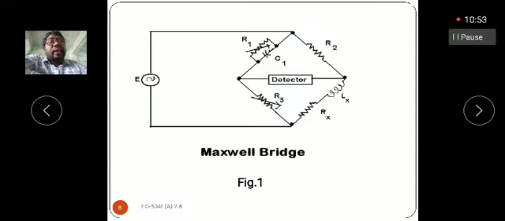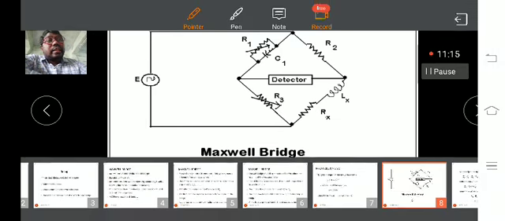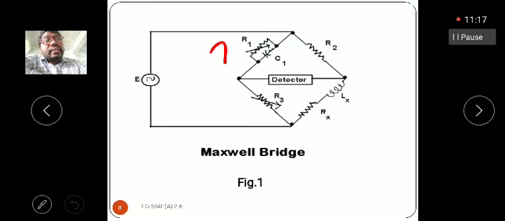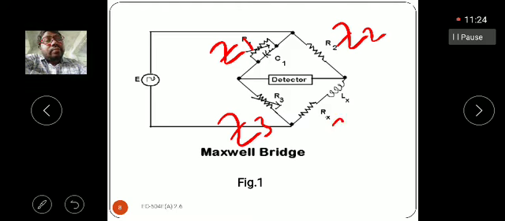Here we do not connect pure resistors or pure inductors, because this is an AC bridge. That means it has an impedance with a resistive part as well as a reactance part, that is Rx and Lx. This is the impedance Z4. So this is the Z1 arm, this is the Z2 arm, this is the Z3 arm, and this is the Z4 arm.